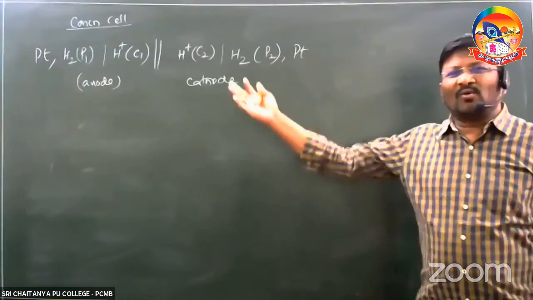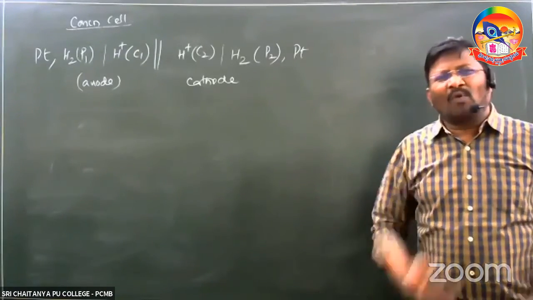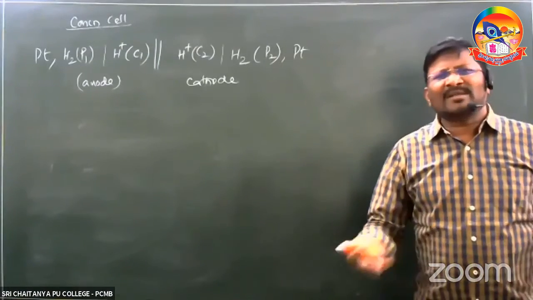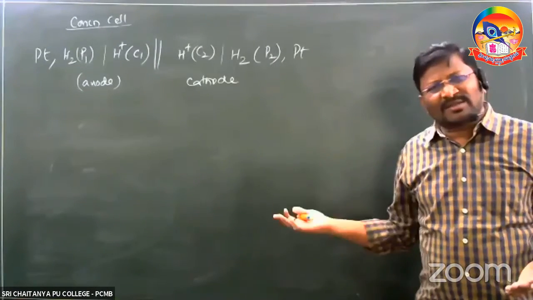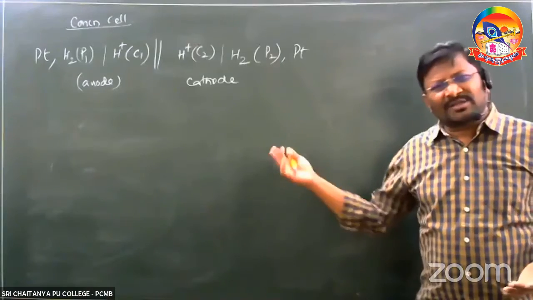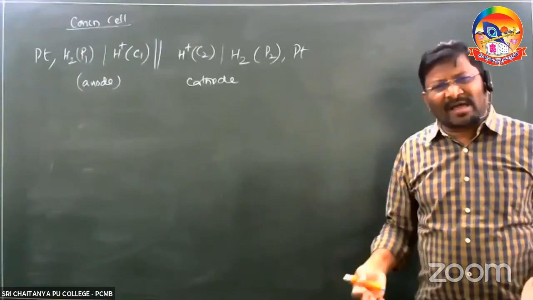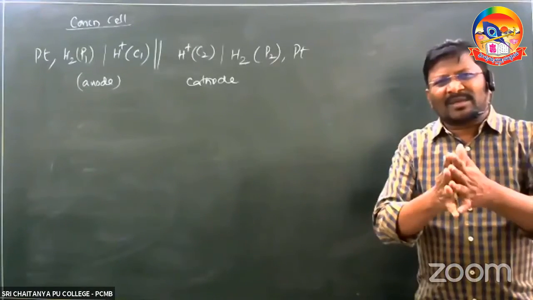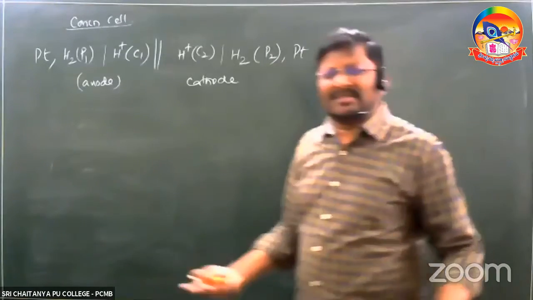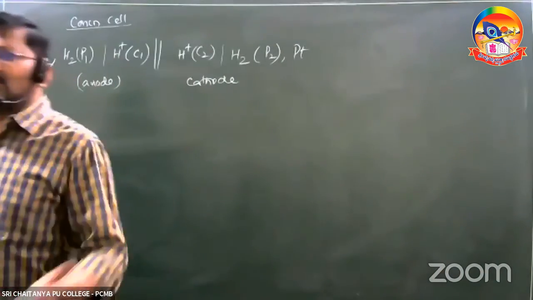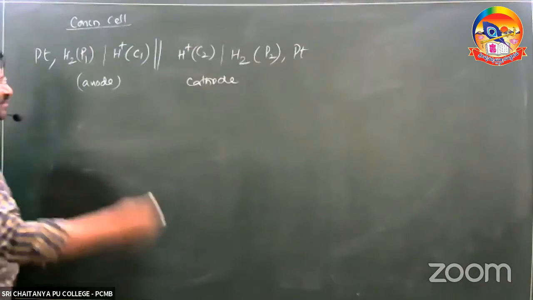How do you write a cell reaction? Very simple: the anode half reaction, that is oxidation, and the reduction half reaction. You sum them and you get the net cell reaction.